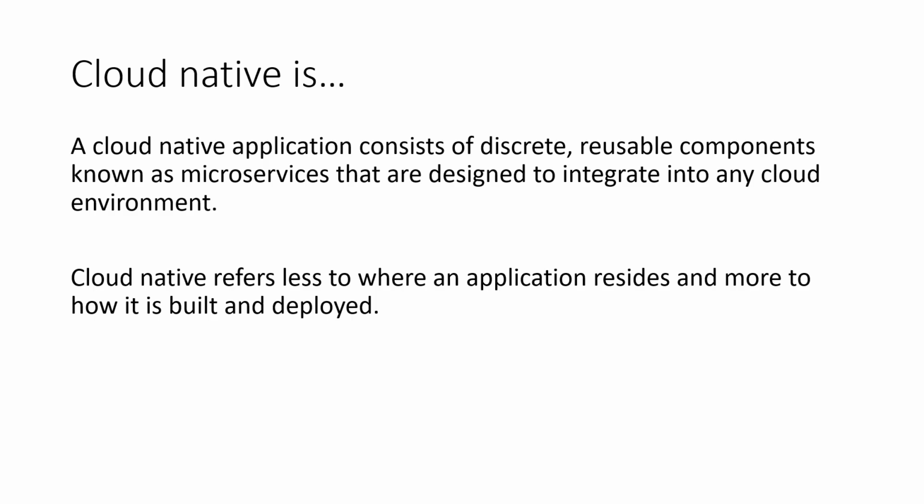The answer is very simple. Cloud native doesn't care about where exactly your containers are going to be residing, but what it cares about is how your containers are built and how the deployment process happens.